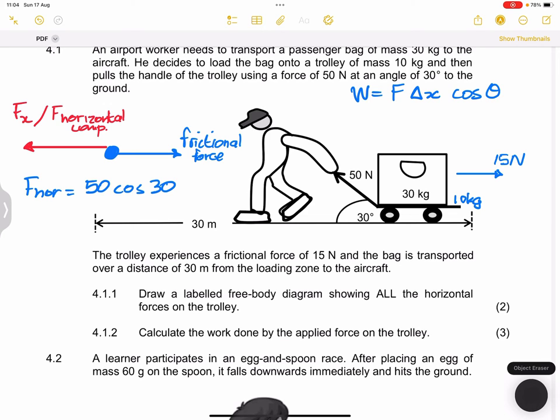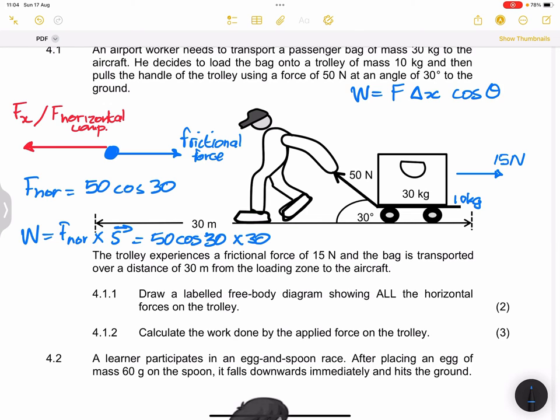Then work done, as I said, is F horizontal multiplied by the displacement or the distance. So that's 50 cos of 30 multiplied by the distance, which is 30 meters.